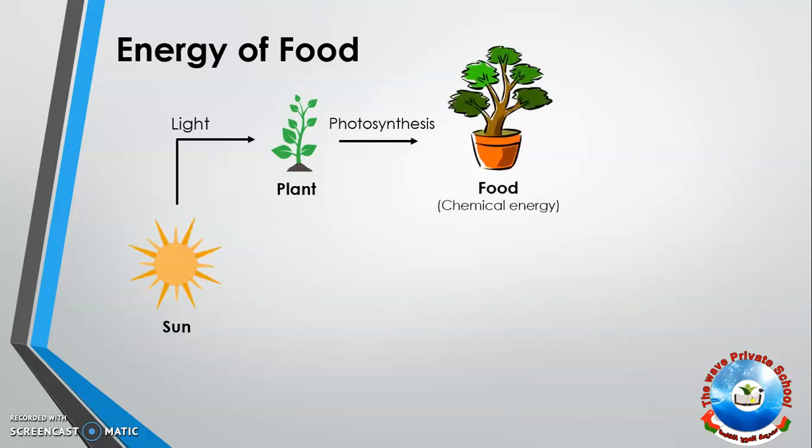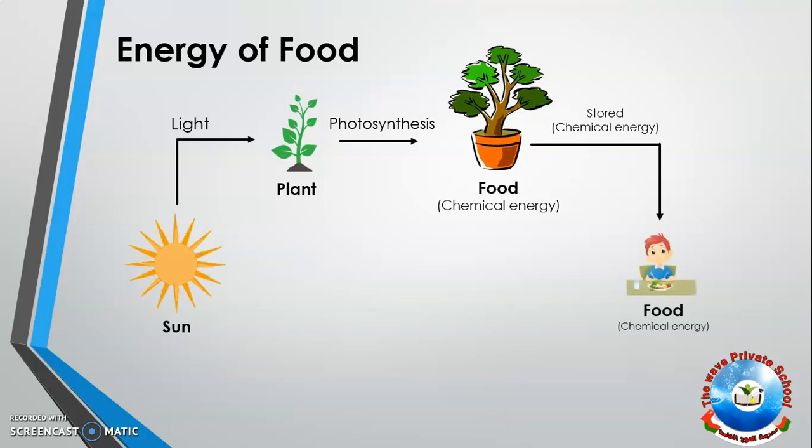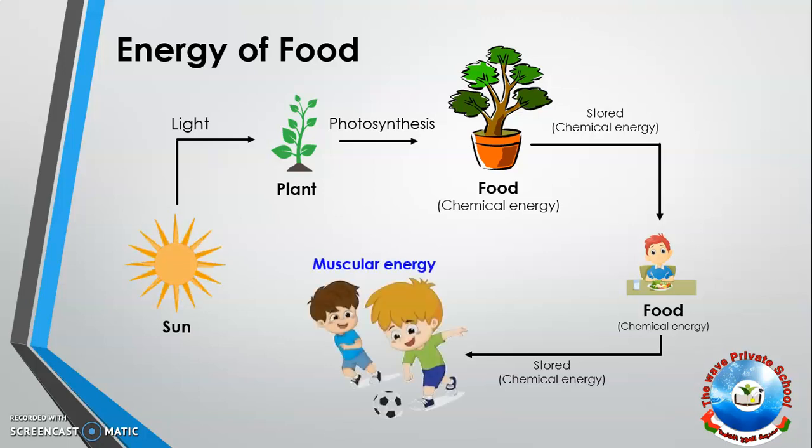This produces food, which is chemical energy, and this chemical energy is used by humans and stored in the form of chemical energy, and finally it's used for various activities such as muscular energy. So light energy is converted into chemical energy and finally into muscular energy. So from this you understood the various types of energy conversion, right?